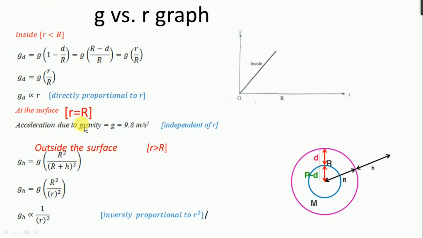Now when r is equal to capital R, the value of g dash, or acceleration due to gravity, is 9.8 or g. So when the distance is R, we get acceleration due to gravity to be g. Outside it is inversely proportional, so I draw the graph for inversely proportional. By combining these three parts we get the graph of g versus r.